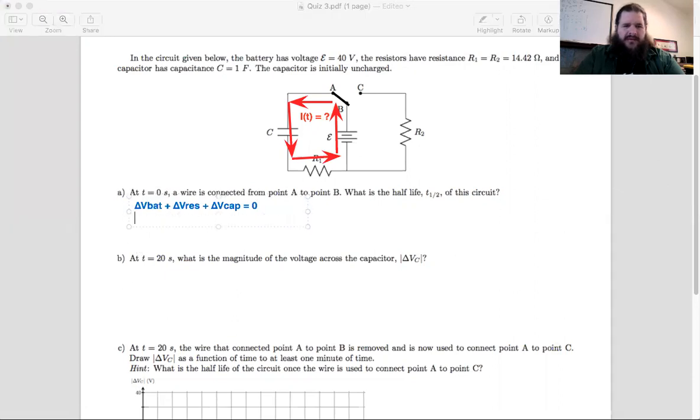Like, for instance, a battery always has what voltage? Epsilon? Yeah, that's just this constant plus epsilon. I'll just write that as E for now. And what about a resistor? Voltage of a resistor is going to be what?